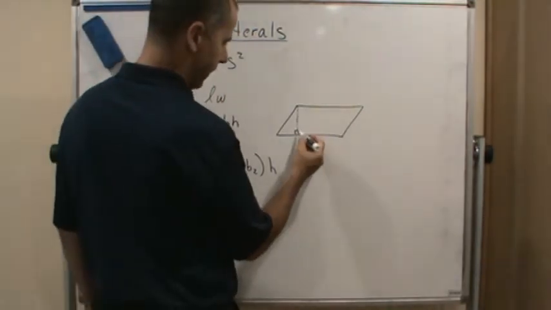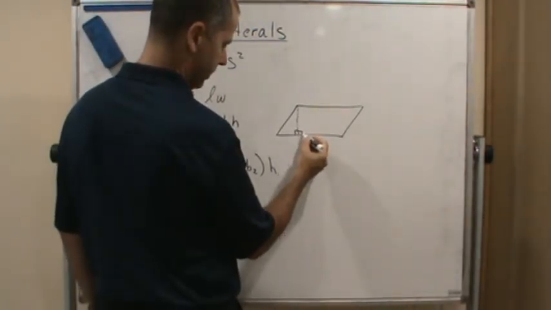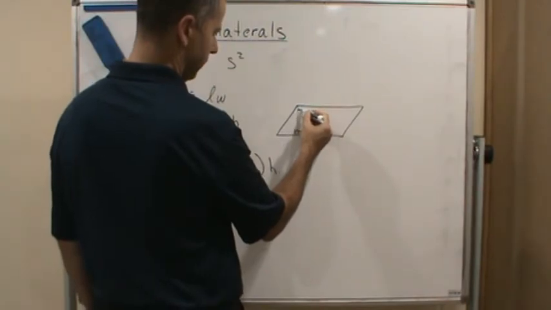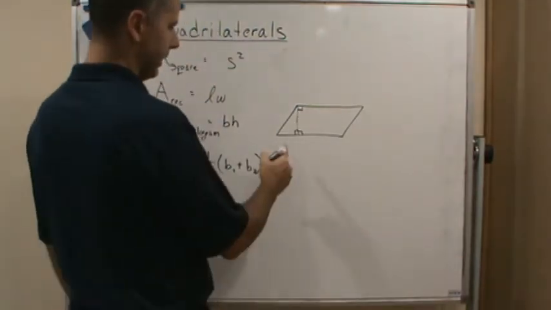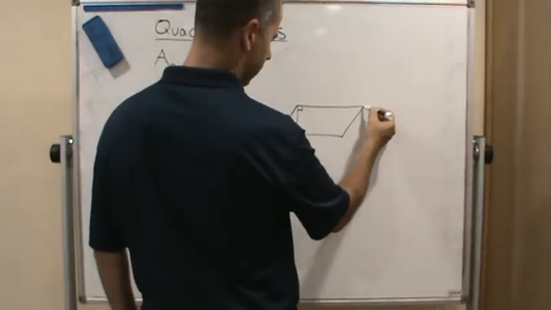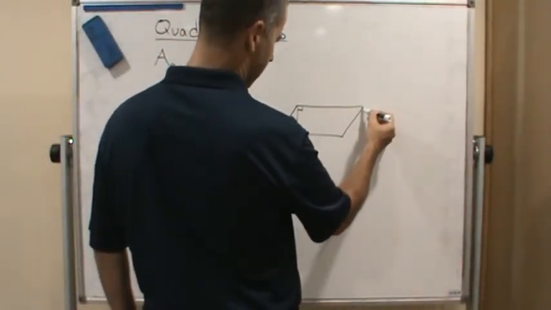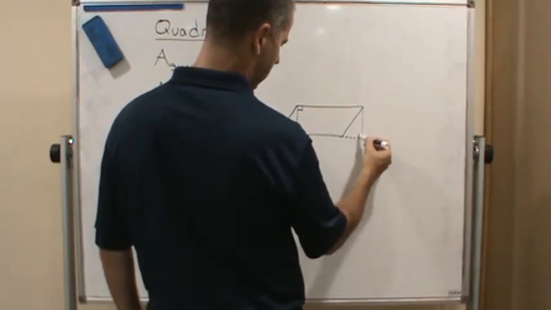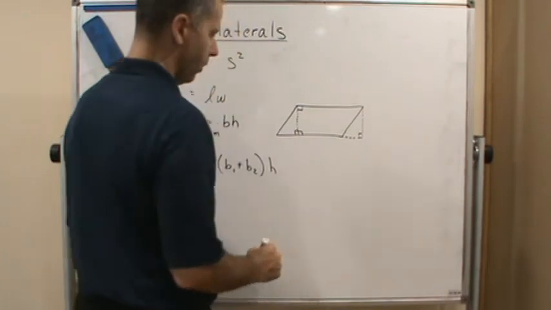So basically we're making this piece into a right triangle, or a right angle. And let's say we're cutting this piece off, and then we're going to slide it down here, and it's going to match up right here. Well, what happens?